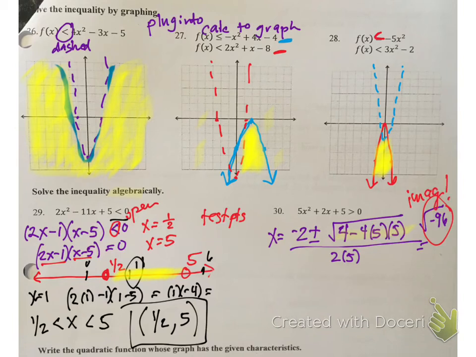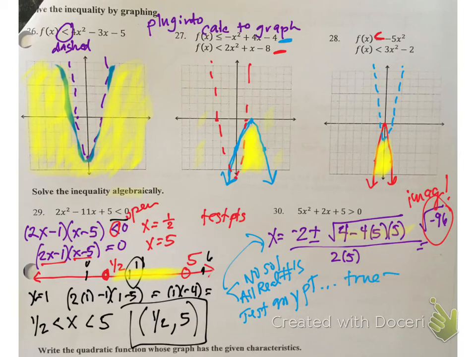So when they are imaginary, that means you have two options. You have either no solution or you have all real numbers. So how you do that is you test any point. When you test any point, you either get a true statement, which means that it is all real numbers, or you get a false statement, which means that it is no solution.